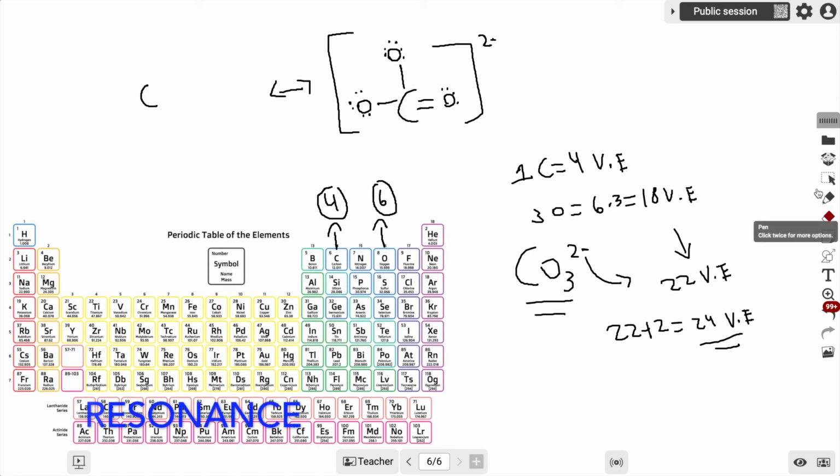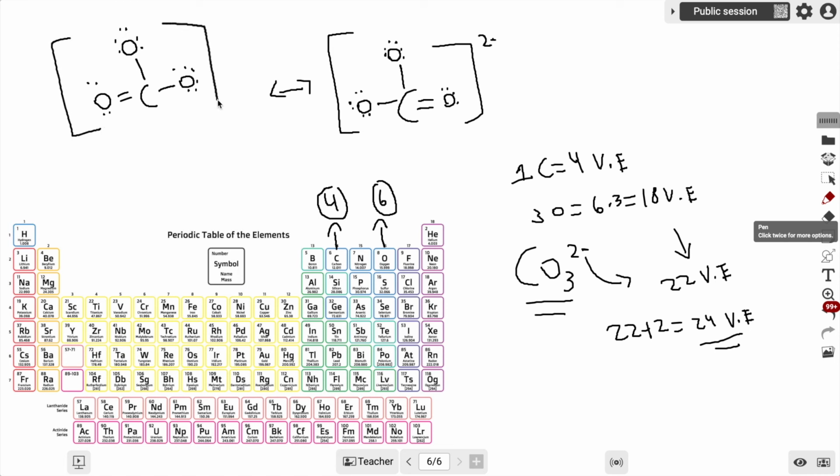So we can draw a double bond between this carbon and this oxygen, which was on the left-hand side. 2, 4, 6, 8, 2, 4, 6, 2, 4. And of course, don't forget the brackets with a 2- charge.